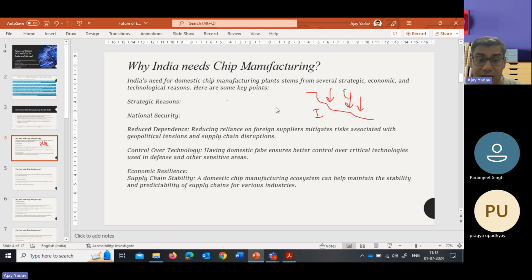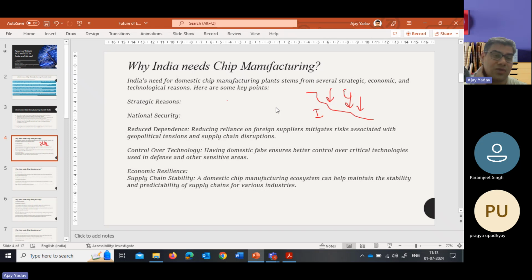Third is economic resilience. Now you are importing electronics products, but if you have your own chip manufacturing plant and are manufacturing your own products, then you will supply them to the outside world. When a country like India supplies to the world, it will generate jobs, and you will fill the gap in the global supply of the semiconductor industry.